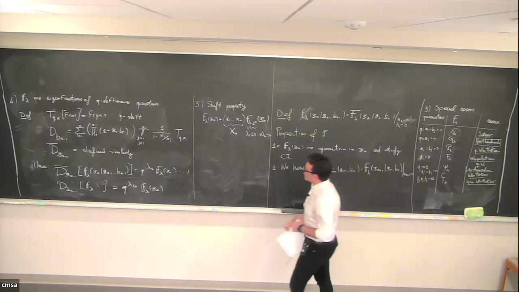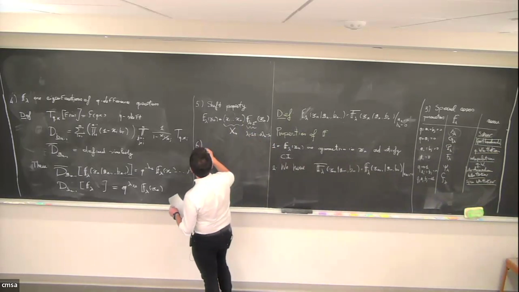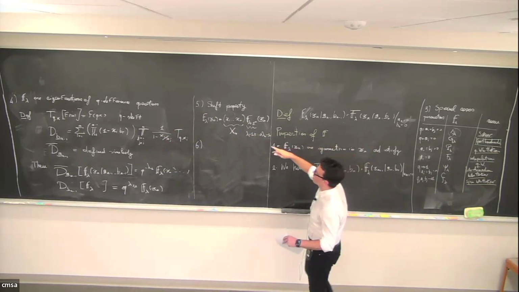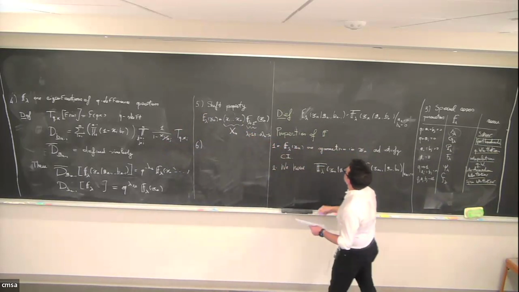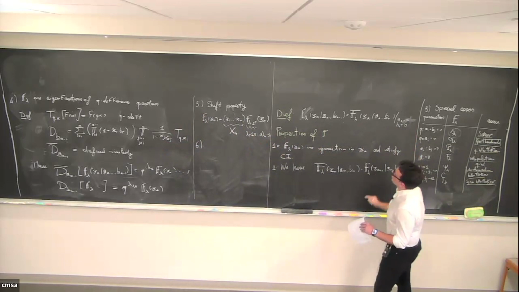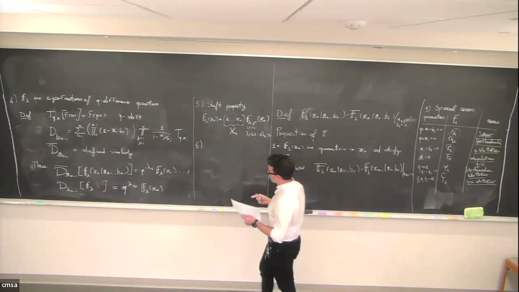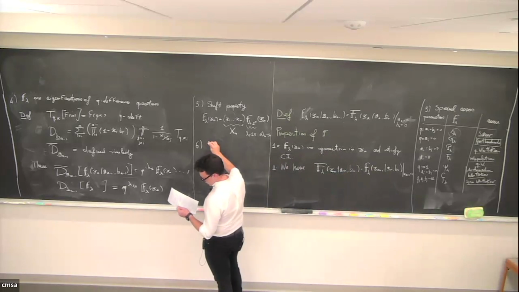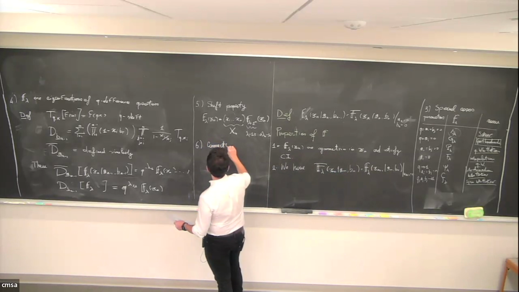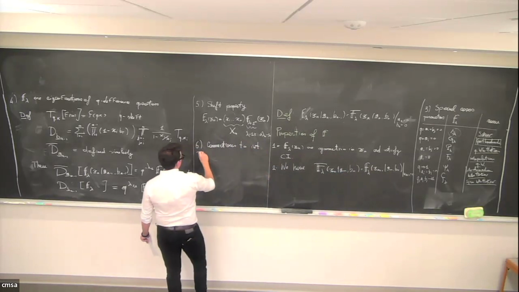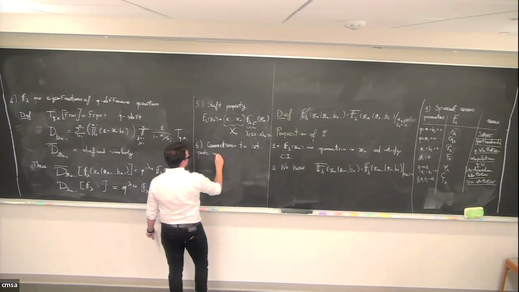Then 6. For example, these properties are not enjoyed by the original polynomials. So I'm starting to accumulate some evidence that this slight modification makes them better. Maybe I should come back to this later. But for example, there are connections to integrable probabilistic models.